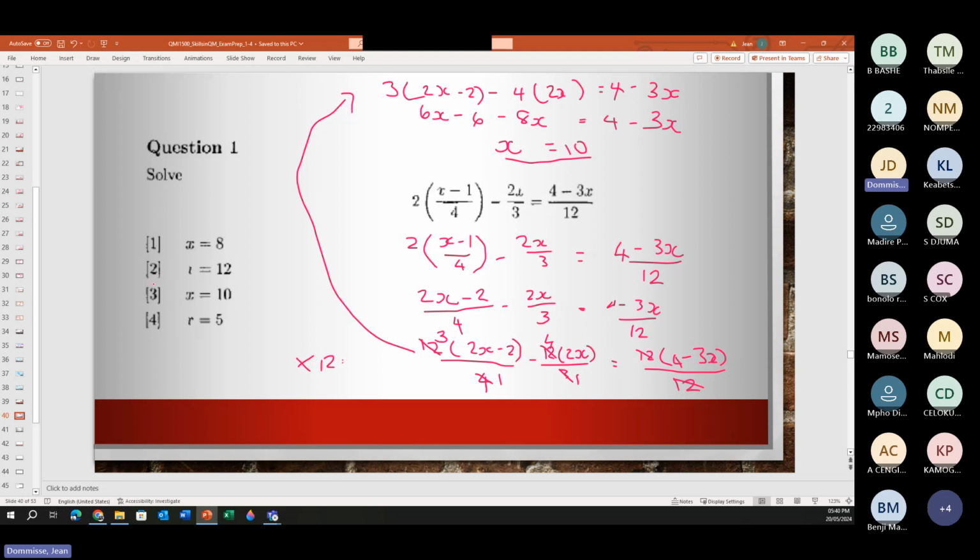Then we see x is equal to 10. We took a long process, but I just wanted to make sure that when we simplify, multiply out and get rid of the lowest common multiple, we get back to the same answer.